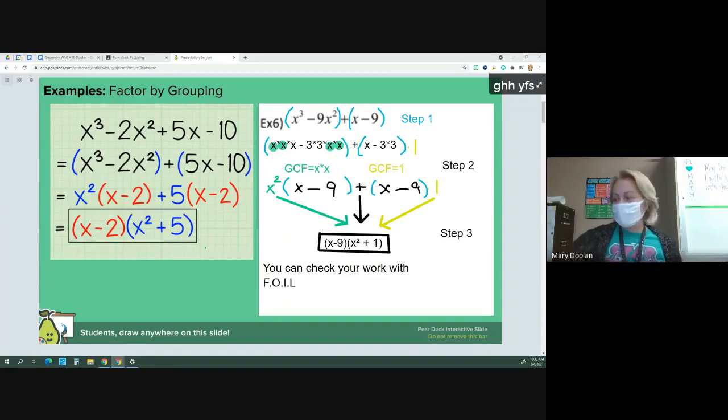It's called FOIL because it's an acronym that tells you what 4 things to multiply together. So you would multiply the first terms, you would multiply the outside terms, then multiply the inside terms, and then the last terms. That would give you a 4-term polynomial. So if I just look at the first terms, x and x squared.